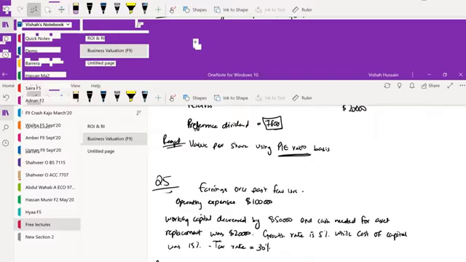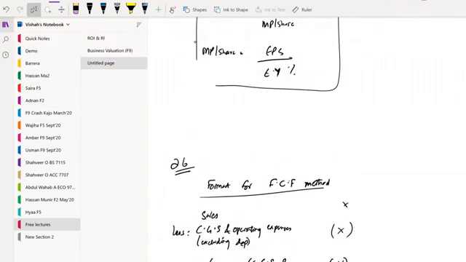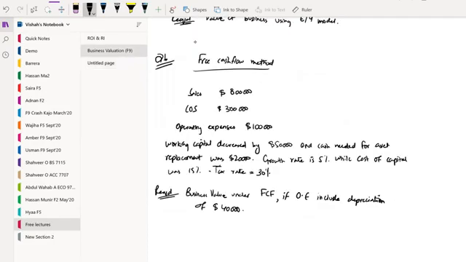Now moving on to the question. If you see that the sales were 8 lakh, let's fill it right next to this. 8 lakh is our sales. Our cost of sales is 3 lakh, and our depreciation is 40,000.